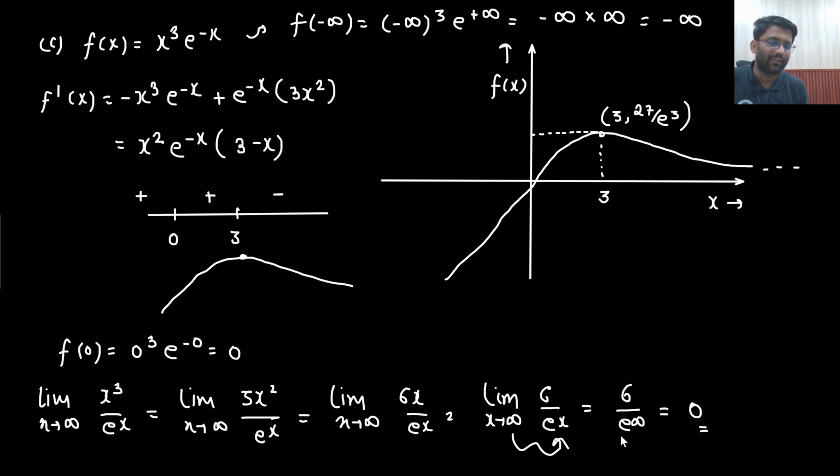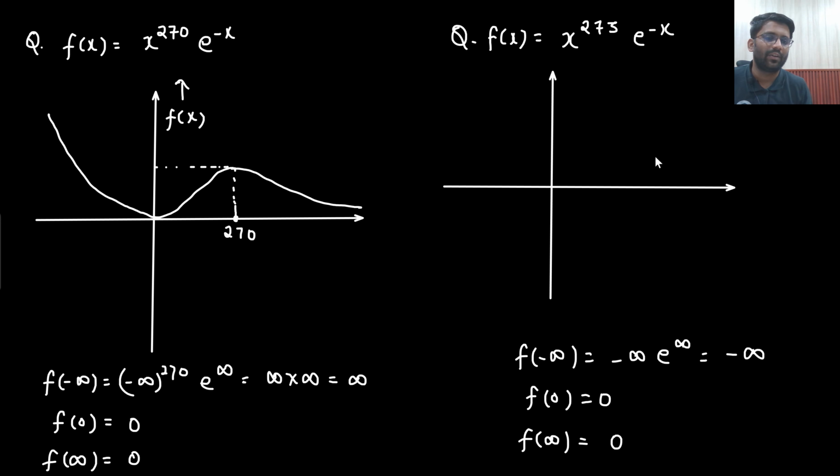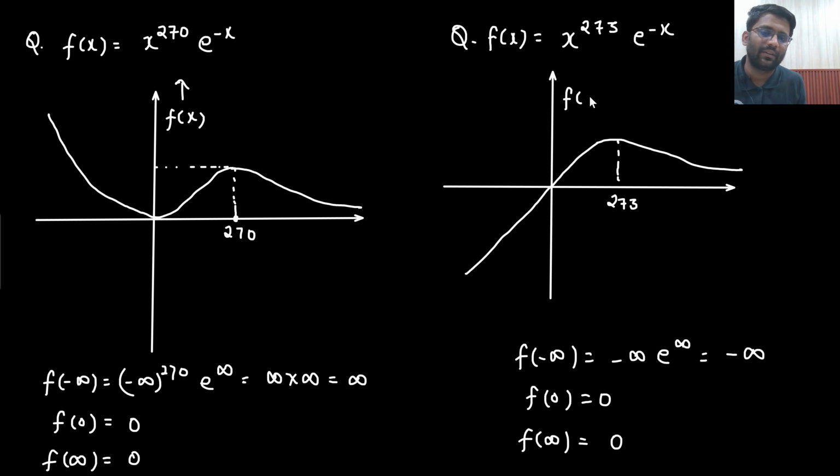Here it became 3 factorial divided by e to the power x, no? So it will become 273 factorial over e to the power x, e to the power infinity, then it will come out to be 0. So it will start from minus infinity, not changing the sign here, and then this is how the graph would go. That's it. And this maxima would occur at 273 only.